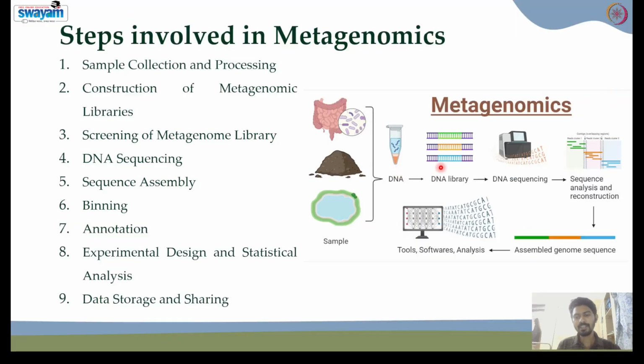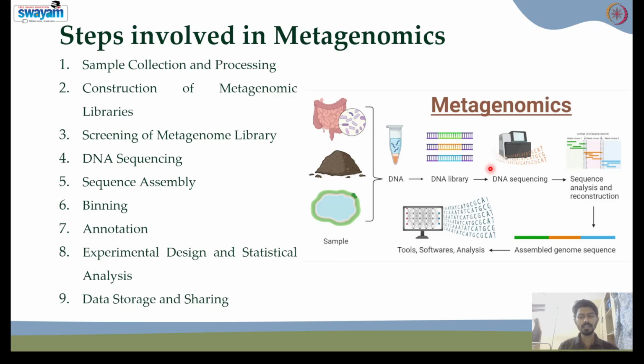Once we have put it in an appropriate host, we will screen the metagenomic libraries. How do we screen this? First we will identify the species specific genes using the microarray technique that we will see in the upcoming slides, or we can use FISH, which is the fluorescent in situ hybridization technique.